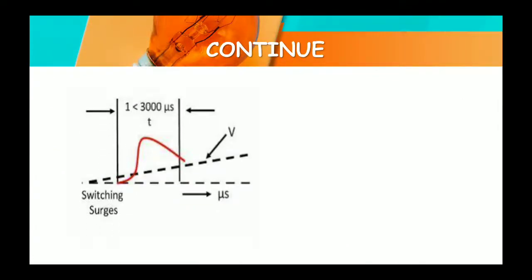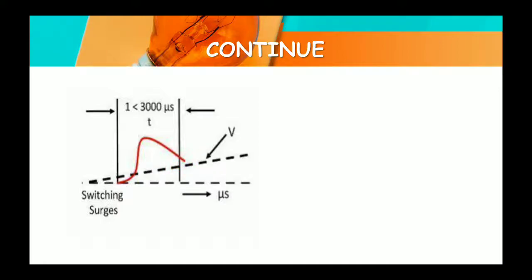Now you can see the switching surge. When the switch is on, you can see here the voltage is increased, and the time is very small, 1 to 3000 microseconds.